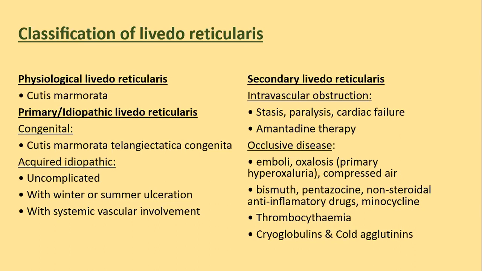Secondary livedo reticularis occurs secondary to intravascular obstruction like stasis, paralysis, cardiac failure, or amantadine therapy. Several occlusive diseases cause livedo reticularis, occlusion because of emboli, oxalosis, or compressed air. Bismuth, pentazocine, NSAIDs, minocycline. Then thrombocythemia, cryoglobulin, and cold agglutinins.